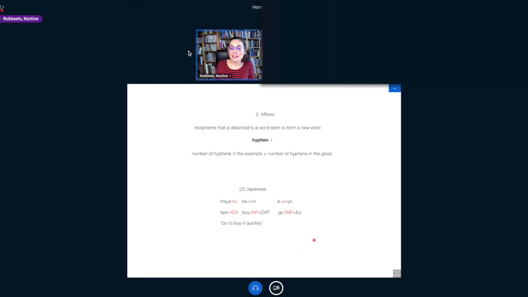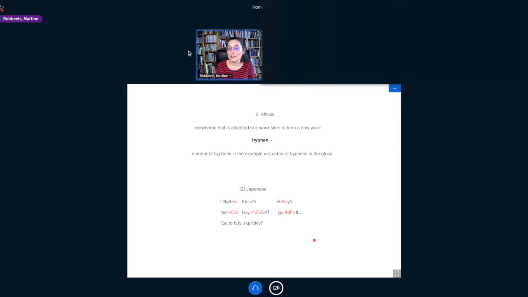So the second glossing rule concerns affixes. Affixes are morphemes, little building stones of words, morphemes that are attached to a word stem to form a new word or to give this word a function in the sentence.